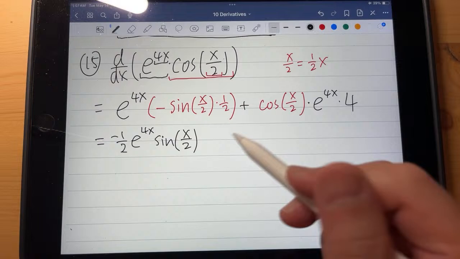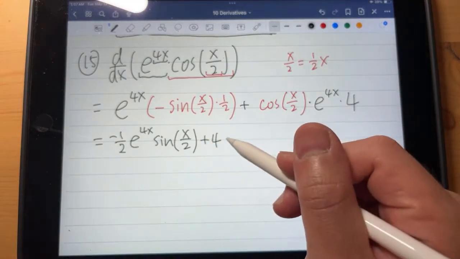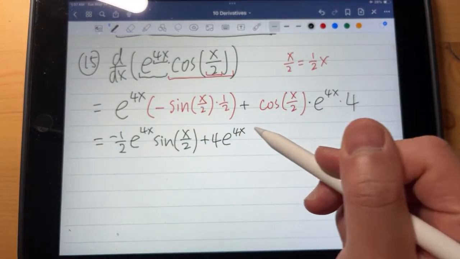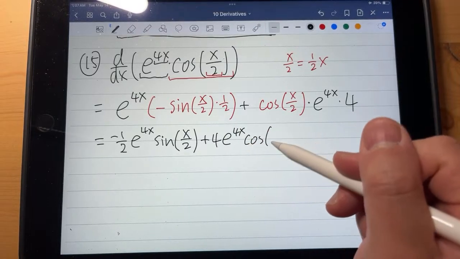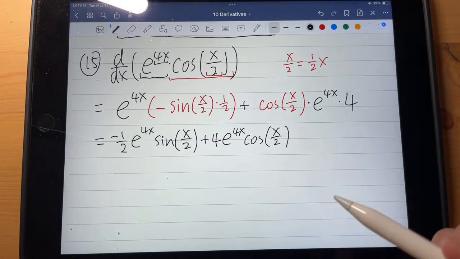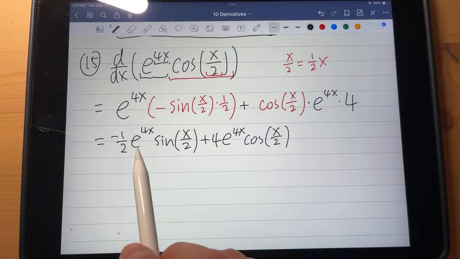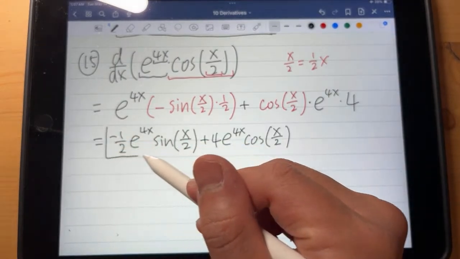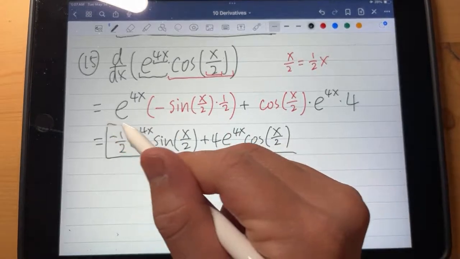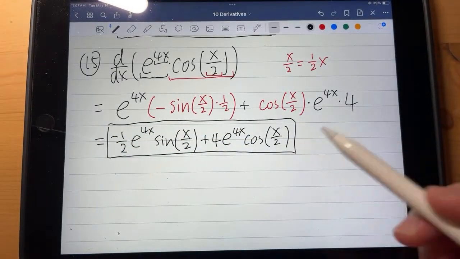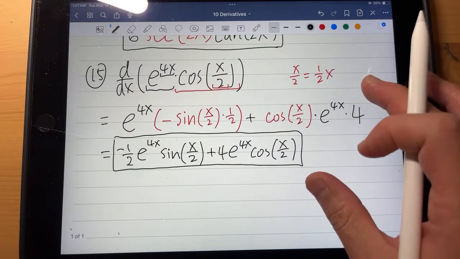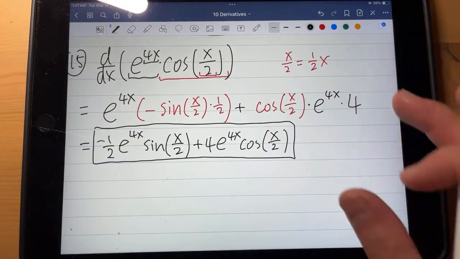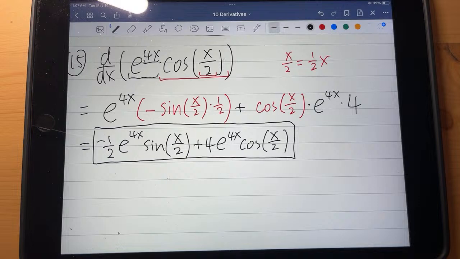And then we can put a 4 to the front, so we can say plus 4 e to the 4x, and then cosine of x over 2. You can also factor out the e to the 4x, but in my opinion, it's not necessary. You can totally box this for the answer. Done. So this is product rule with chain rule with exponential function and cosine function.